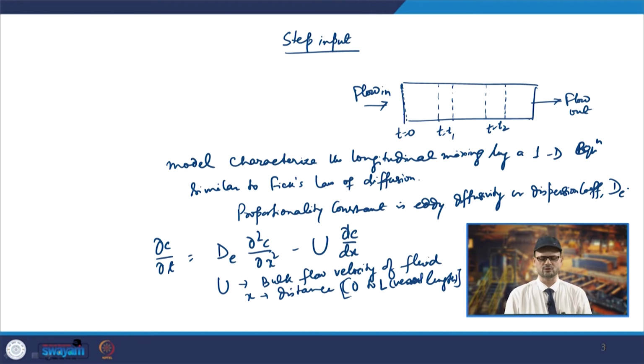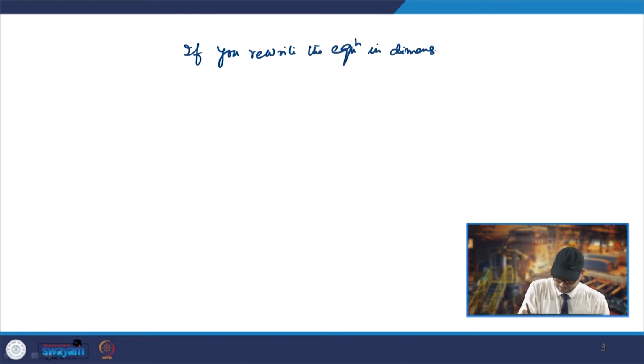If you try to write this equation in dimensionless form, t is written in terms of theta, and x is replaced by the term y. So y is x divided by the characteristic length, the length of the vessel, L. So you can rewrite it in dimensionless form.